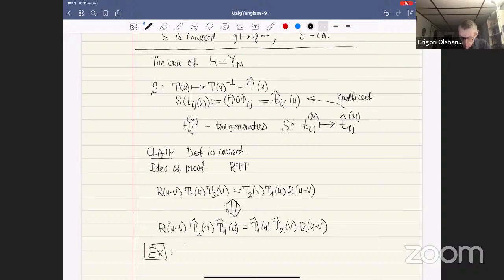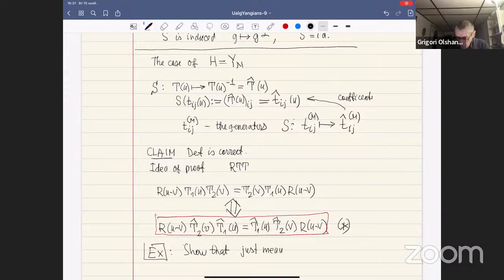So the exercise is to show that this equation just means that our definition is correct, so that the antipode is an anti-homomorphism.